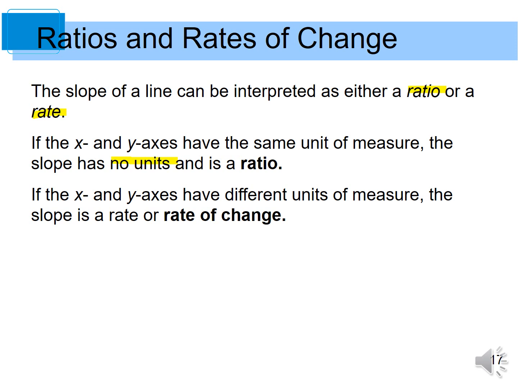If the x and y-axis have different units of measure, the slope is a rate, or rate of change. And this one, no unit and ratio, is for same unit.